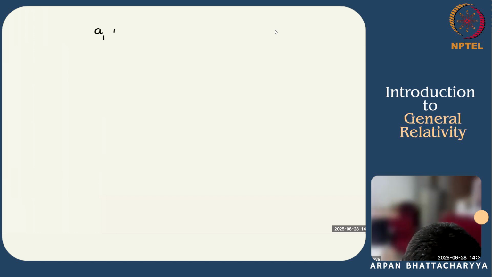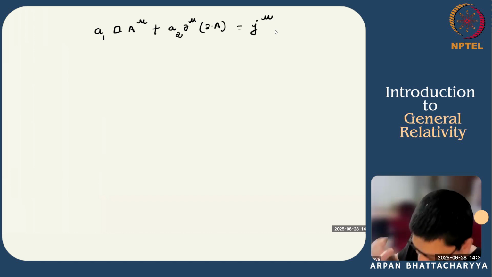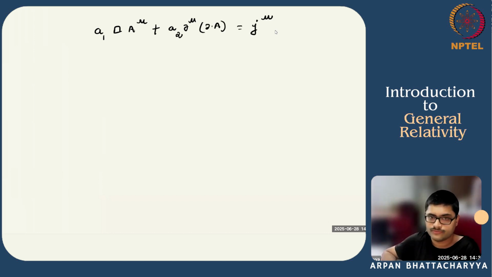A1 box A mu plus A2 del mu del dot A equal to J mu. Now what are the conditions that we need to impose to fix A1, A2? First one is that we know that J mu has to be conserved.